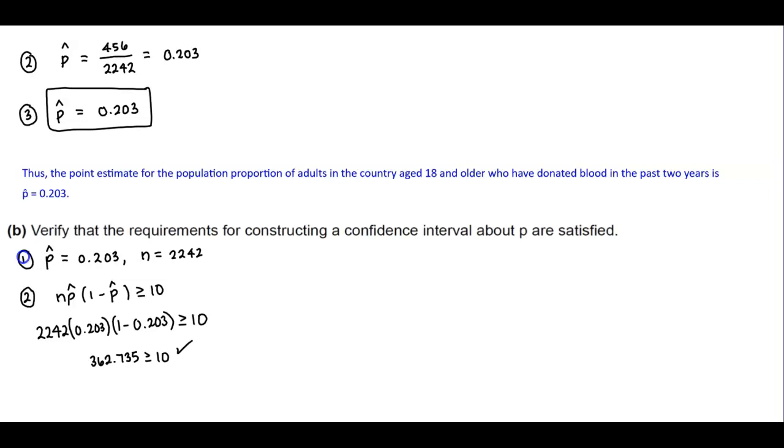Okay, and then we also need to check that the sample size is not more than 5% of the population size.